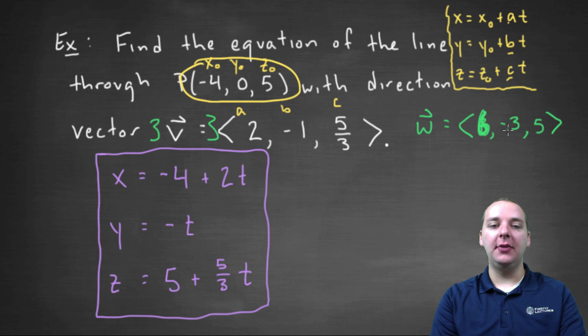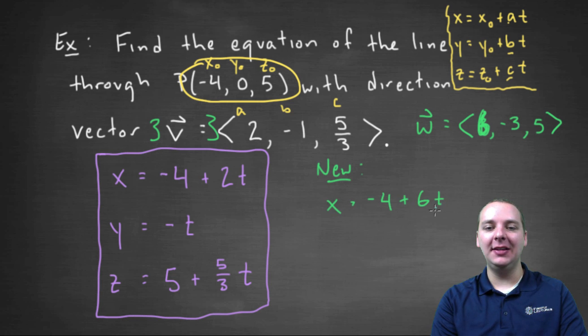This guy doesn't have any fractions, so you could write your set of parametric equations as x equals negative 4 plus 6t, y equals negative 3t, and z equals 5 plus 5t.